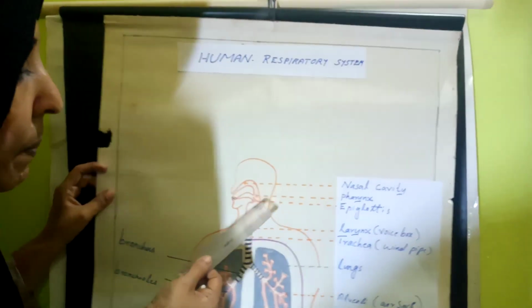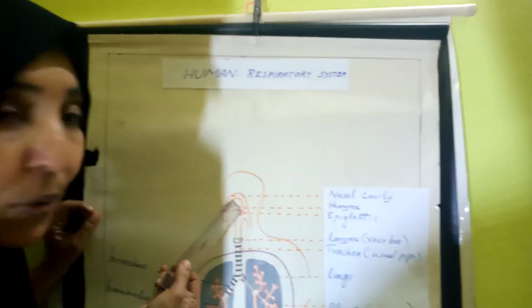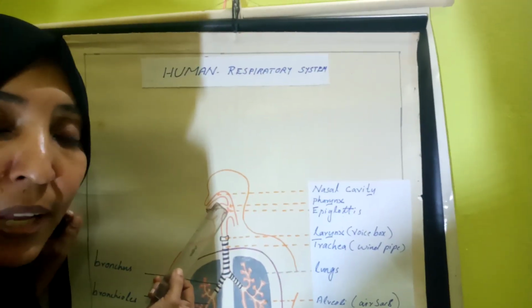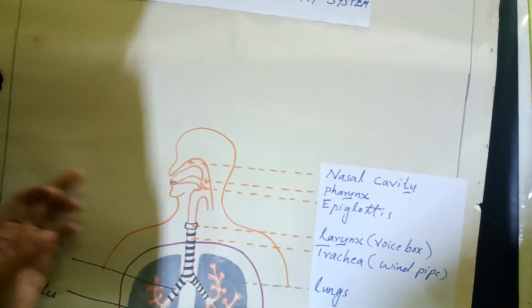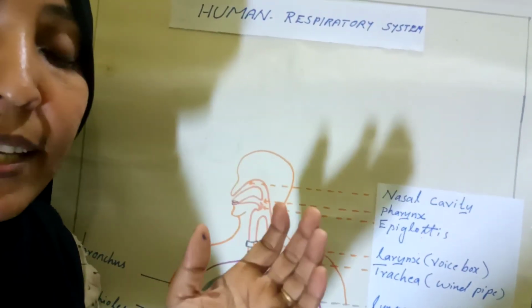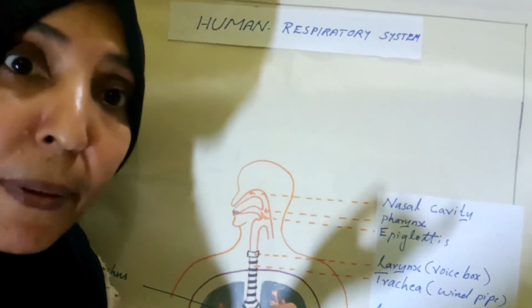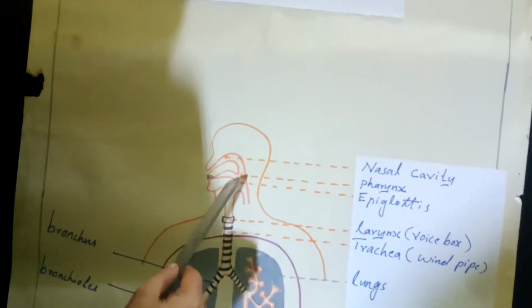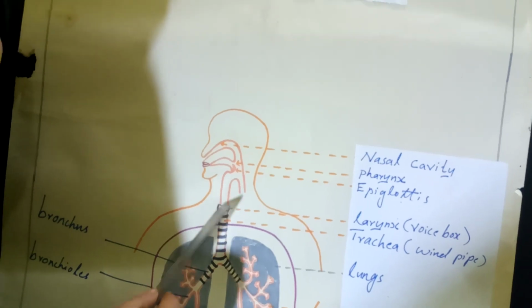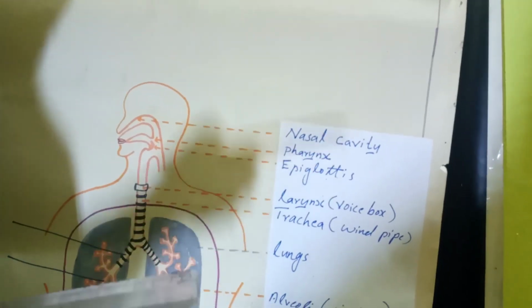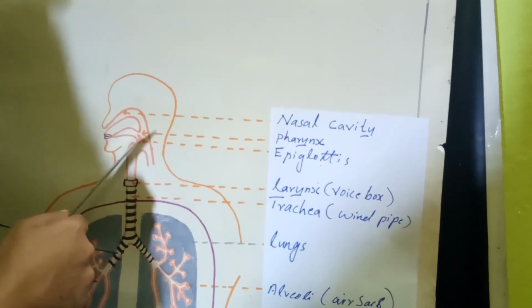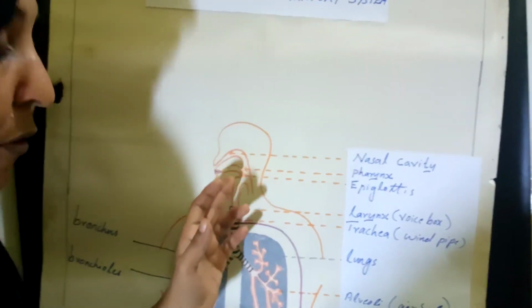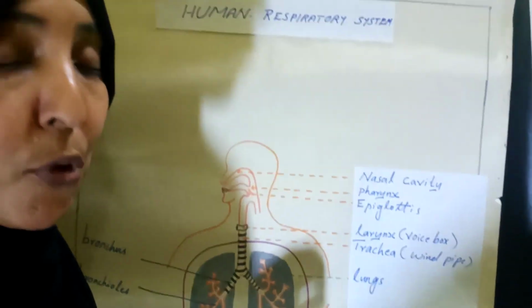This glottis is covered by a small flap-like structure. You can see there is a brown colored flap-like structure. This is the epiglottis, which can prevent the entry of food particles towards the trachea. At the time of talking or laughing, the glottis opens for the easy passage of air. It is always in the open condition, but it may close at the time of swallowing food.